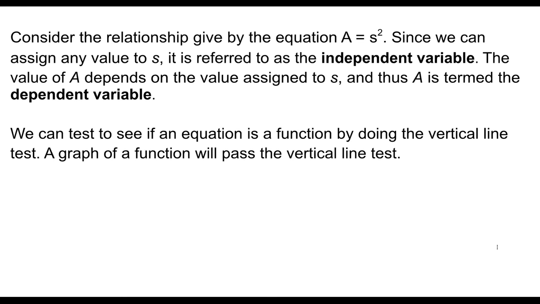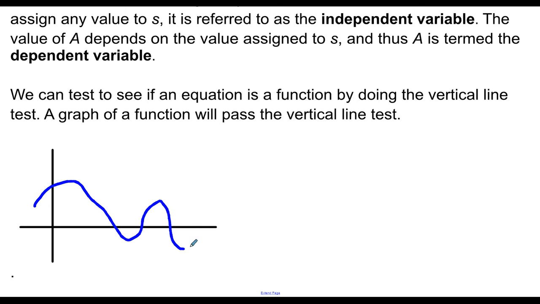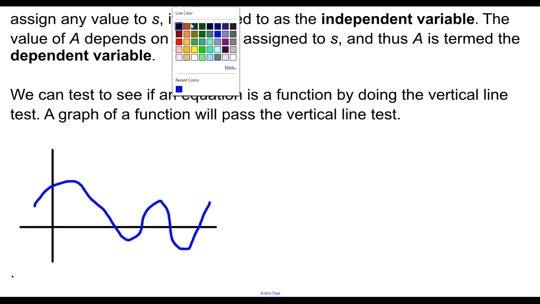We can test to see if an equation is a function by doing the vertical line test. A graph of a function will pass the vertical line test. So if I were to have a coordinate axis, and I were to have some graph on it, such as this, the way that I could check to make sure that this is a function is by completing the vertical line test.